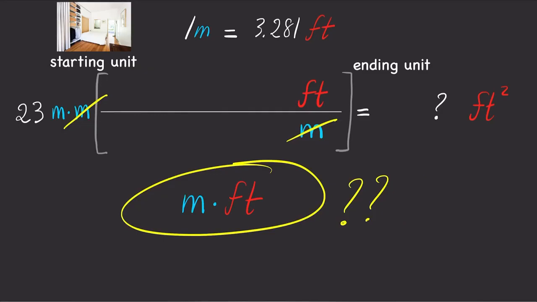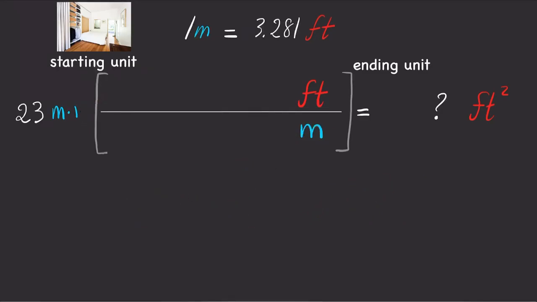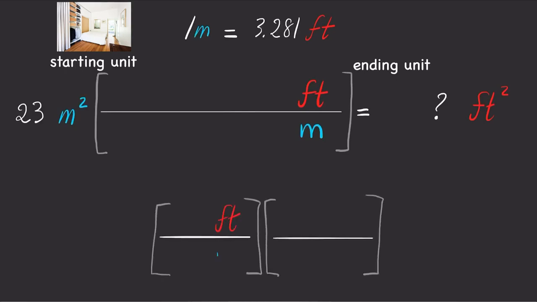So here, we need to square the one-dimensional ratio to get a two-dimensional ratio. Now, square the whole fraction, which literally means multiply the fraction by itself 2 times, and we will get feet times feet in the numerator, which is square feet, and meter times meter in the denominator, which is square meter.